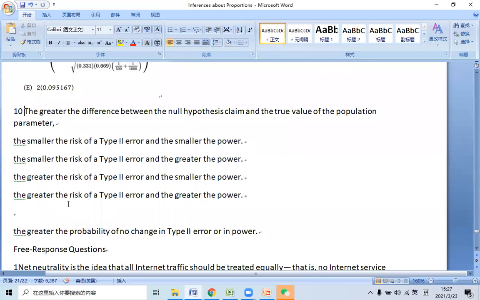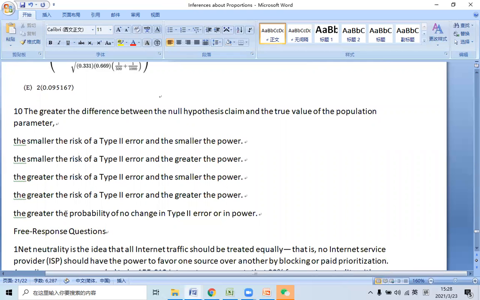Let's look at one last question about the type 1, type 2 error. The greater the difference between the null hypothesis claim and the true value of the population parameter. If there's a big difference between the null hypothesis and the true population parameter, what happens?